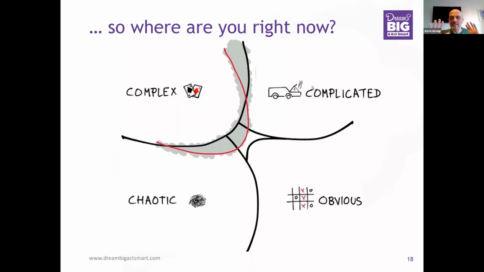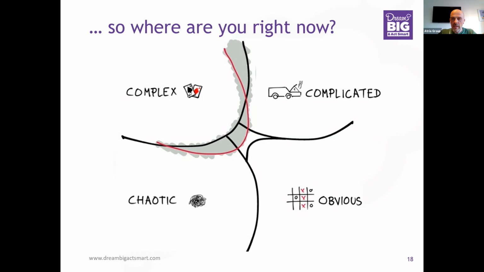I wouldn't say that for complicated situations the directive leadership style is good, because this is sense, analyze, response. This is where thinking is important in complicated situations. In regular work, most of the things that we are facing as managers, as experts, are complicated problems. And coaching is the right approach.